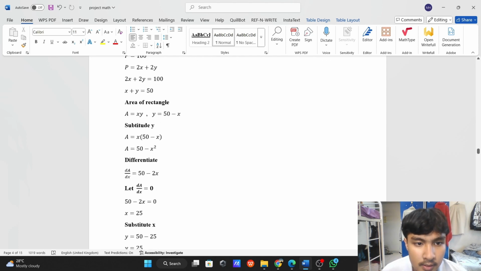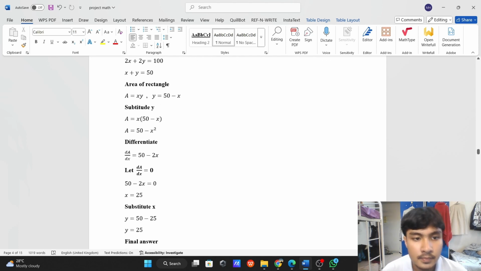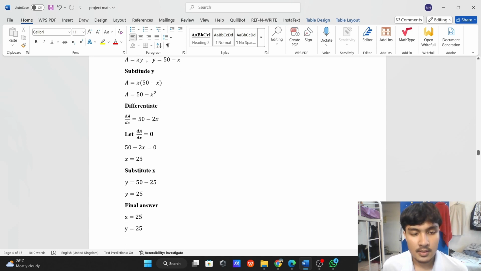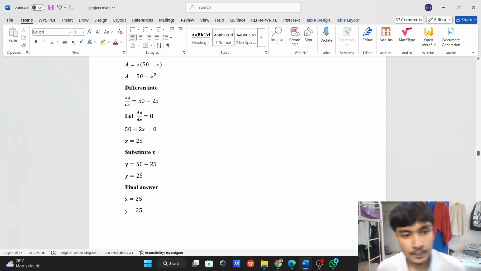Now we find the area of the rectangle. A equals xy. We put y in front. We got y equals 50 minus x. Next we substitute y. We got the area A equals x(50 minus x). Next step, we differentiate the area with respect to x, which equals 50 minus 2x.